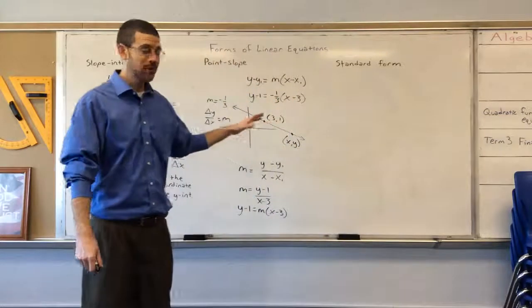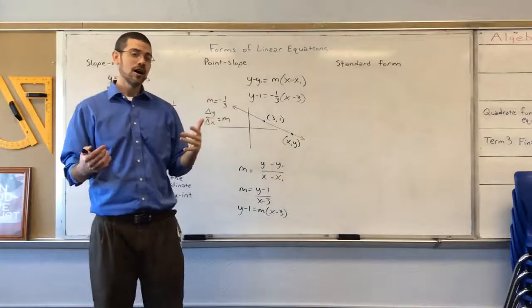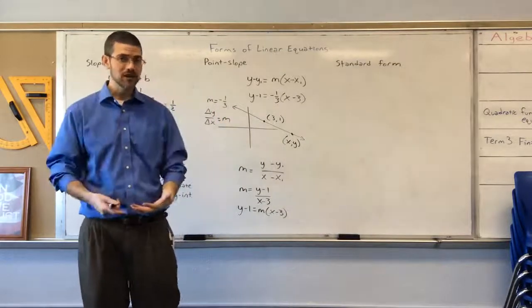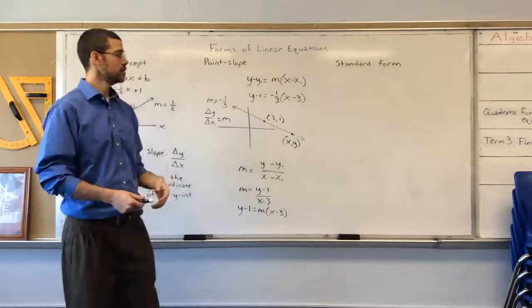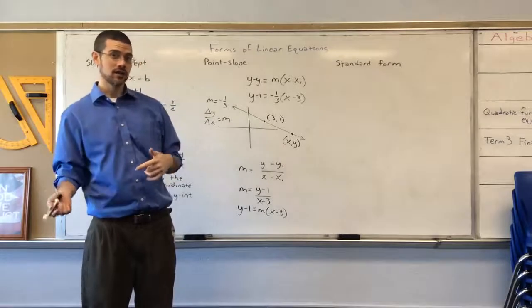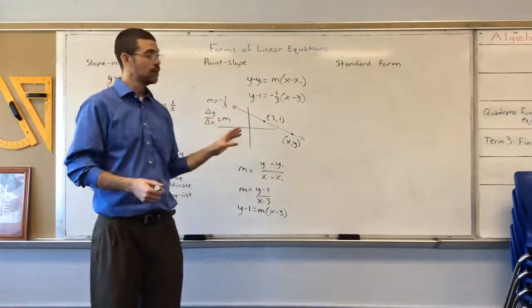Now, standard form, unlike these other two, does not have the slope or a point coordinate built directly into it. It is a form that is easy to find x-intercept and y-intercept from, and it's not too hard to find the slope from it.